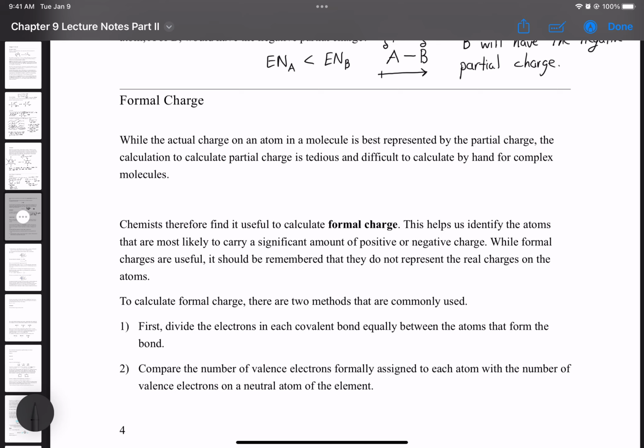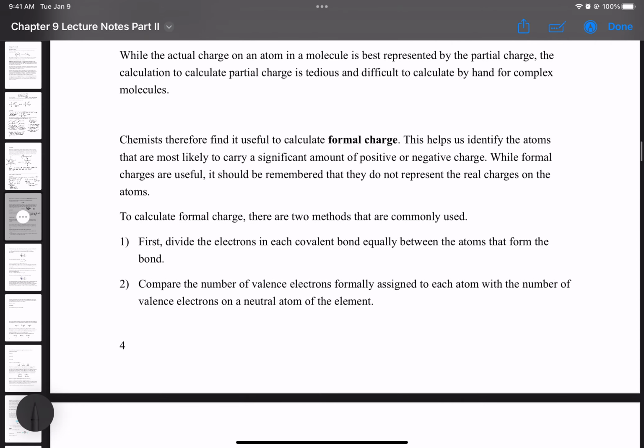So to calculate formal charge, there's two ways. I'll go over both. I will be biased for one way, just because it's easier for me to remember. Maybe it'll be easier for some of you too. To calculate formal charge, first we divide the electrons in each covalent bond equally between the atoms that form the bond.